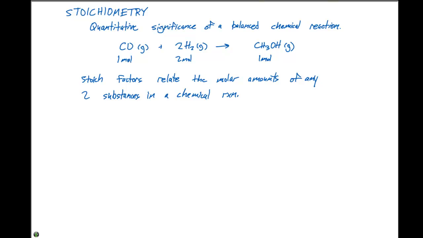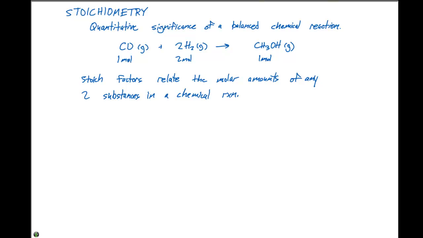So the balanced chemical equation gives us the ratio of all the moles of every component that's involved. Here we have a 1 to 2 to 1 mole ratio of all the reactants and the products in this particular equation.